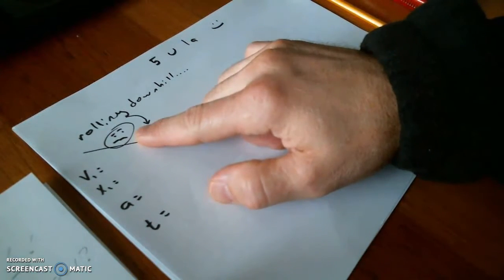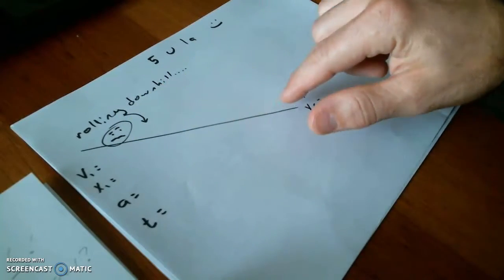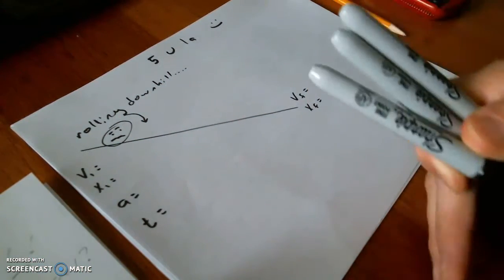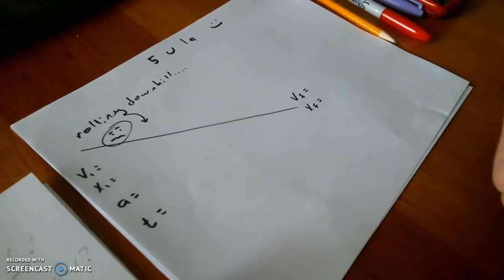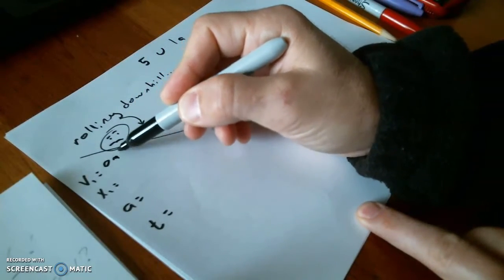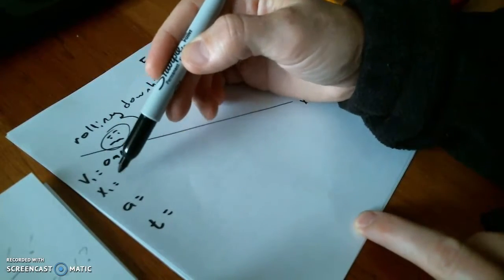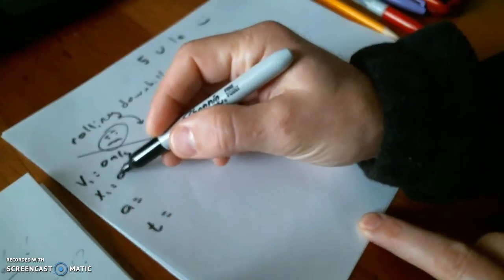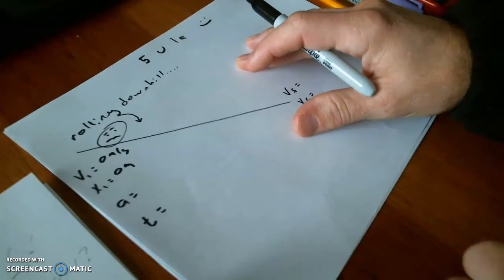Let's pretend in our heads we're rolling downhill. Rather symbolic, isn't it? But there you are at the top of the hill. When you initially start, your velocity is 0 meters per second. That's your initial velocity. Your position on an axis, I'm going to call 0 meters.